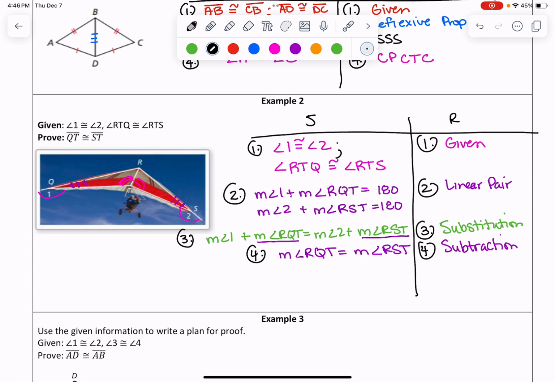And then I can see that these two triangles share that middle side, RT. So side RT is equal to itself, RT. And that's reflexive.